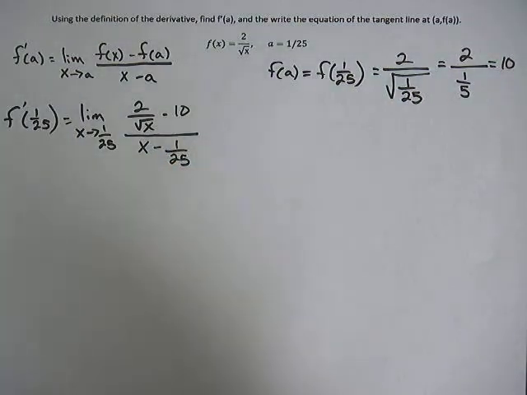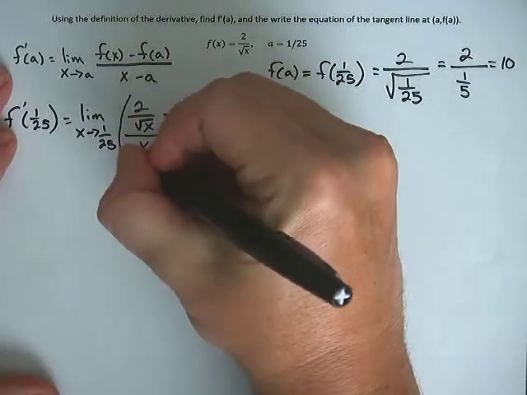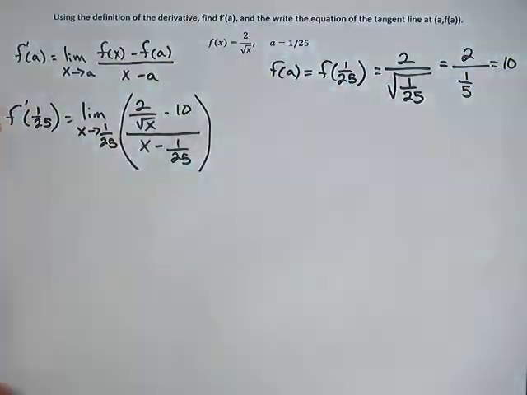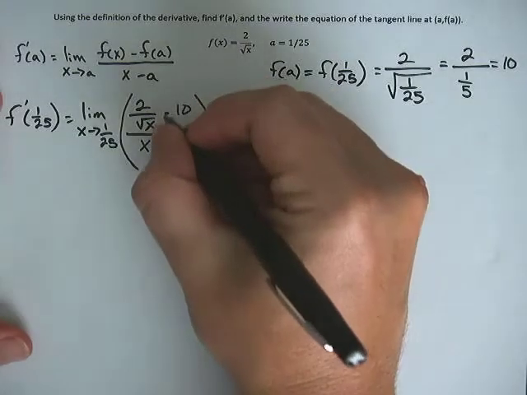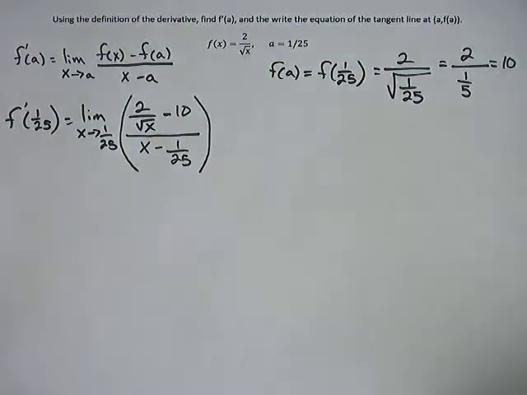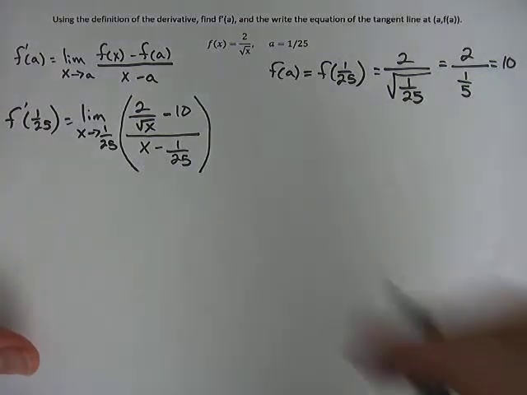This is going to take a little bit of work. Let's put this in parentheses. If we just plugged in straight off the bat, we're going to get 0 in the denominator, and that won't work. So let's see what we can do to help us on that.